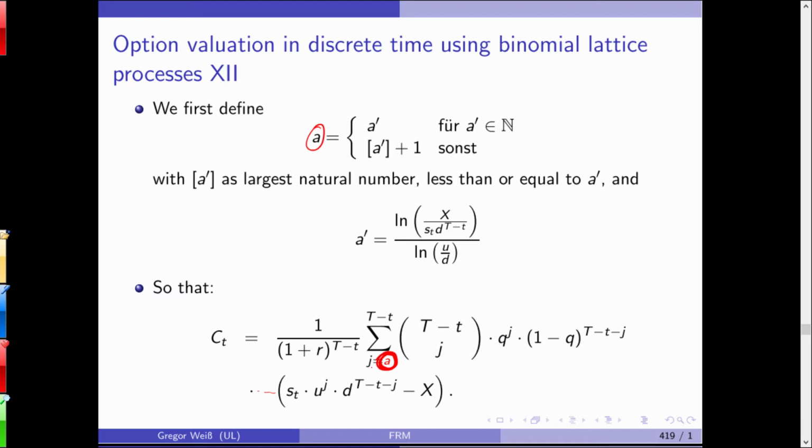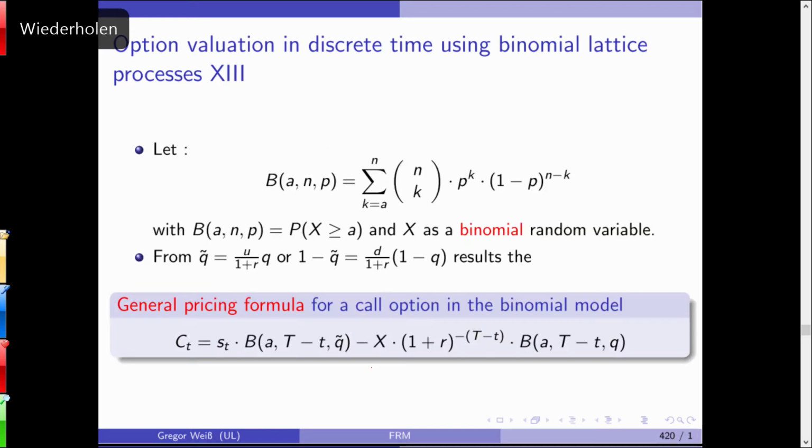And you can see that now the price of the call option is given by 1 over 1 plus r taken to the power capital T minus t, and a sum of weighted payouts. Now let this term be simply the value of a binomial survival function.